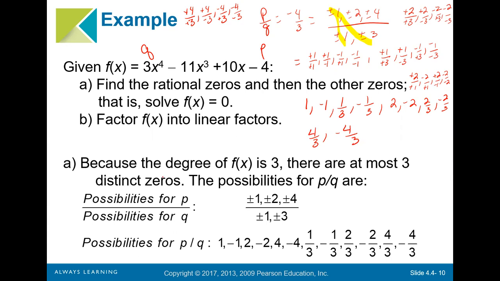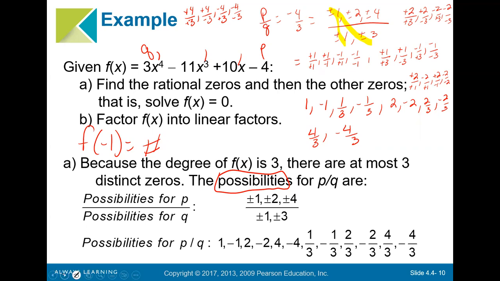Now that I've found all possibilities of zeros, I need to figure out which ones are my zeros. So you can use synthetic division. We can plug these numbers back into this function. So we can say function of -1 and then plug in -1 everywhere I see x. What is the outcome? We can do the same for all of them.